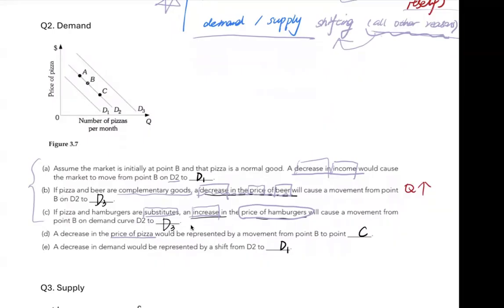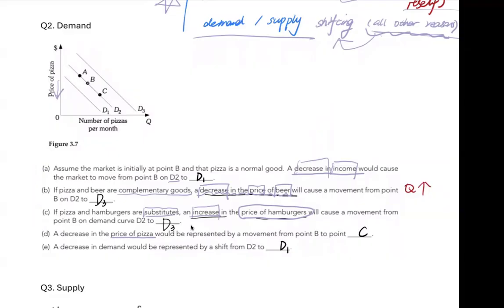Now the price decreases, which means it moves from B to C, right? And for E, a decrease in demand would represent a shift from D2 to what? So actually this is very similar to A, because with the decrease in income, your demand would decrease, okay? So it will cause a shift from D2 to D1.